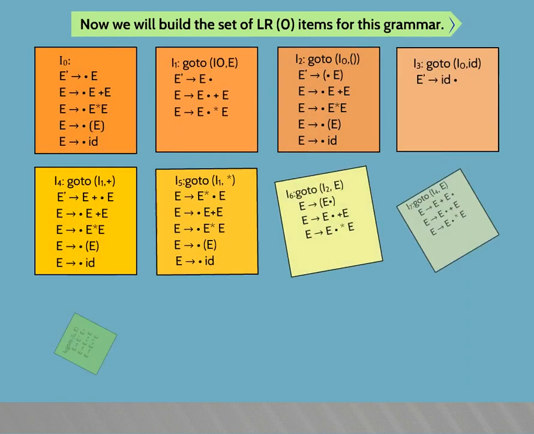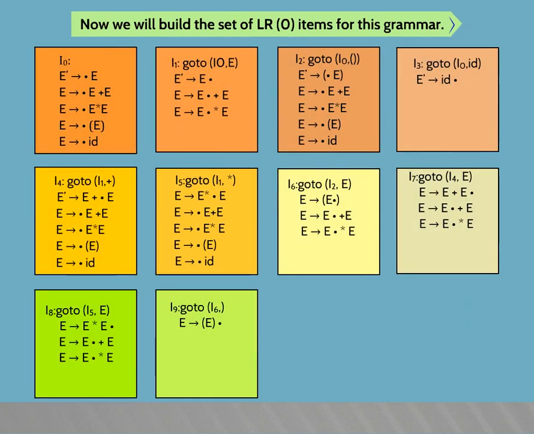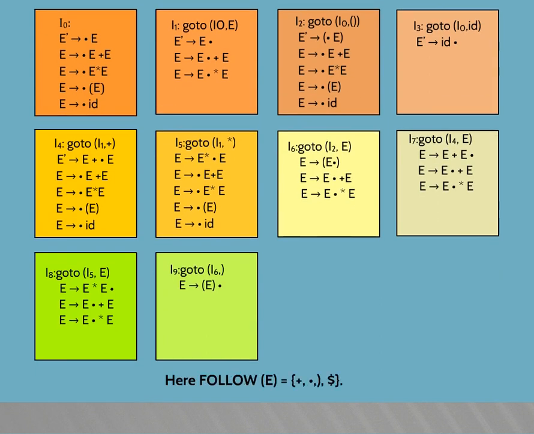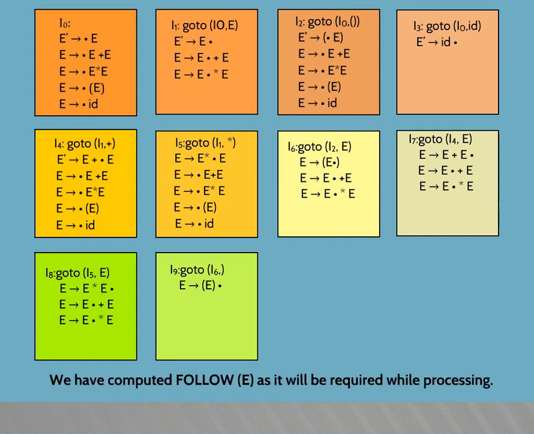Now we will build the set of LR(0) items for this grammar. Here follow of E is +, *, ), $. We have computed follow of E as it will be required while processing.